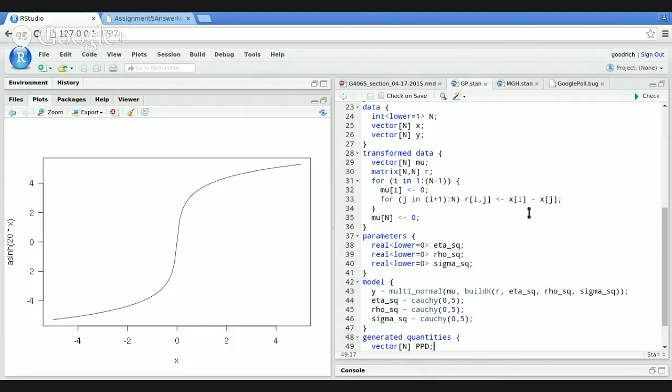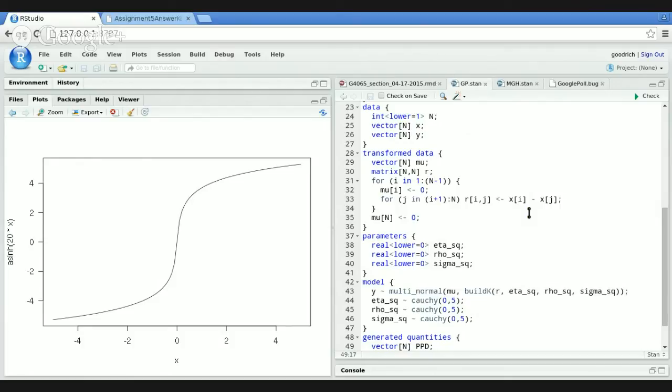Y is multivariate normal with mean vector mu, which we just set to 0, and then some sigma, or we actually called it k yesterday in the slides, where you can make a user-defined function that implements whatever kernel function you want, and you just call that function to produce the kernel matrix, and then it's just multivariate normal likelihood.